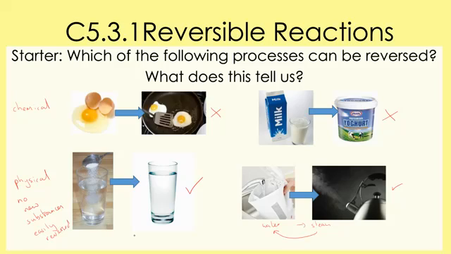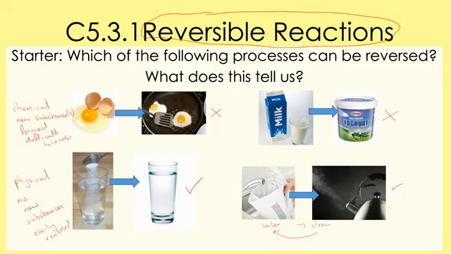Whereas in a chemical change, we've got at least one new substance being formed, and therefore it's usually difficult to reverse. But if you've noticed the title of the lesson, which is Reversible Reactions, you'll have realised that there's some chemical reactions which we can reverse, and that's what we're going to learn about today.